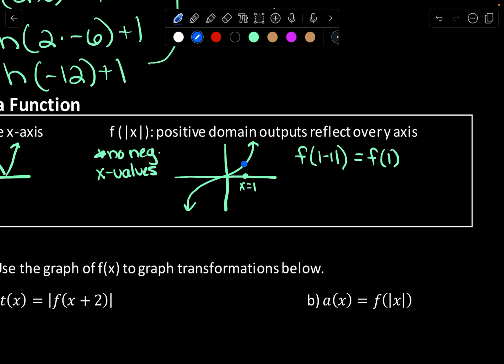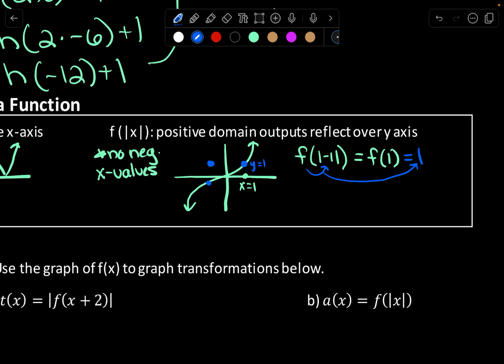And for x cubed, y is equal to 1. So now technically f of -1 is going to have an output of +1. So this becomes reflected and it is now over here. That's what it looks like.